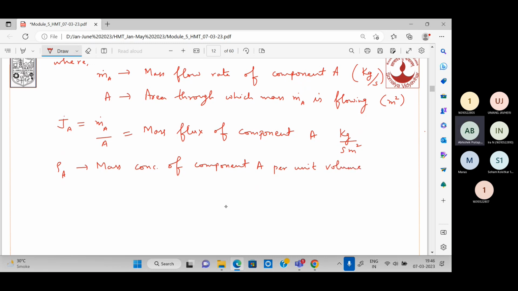Okay, mass concentration of component A per unit volume. The unit is kg per meter cube.